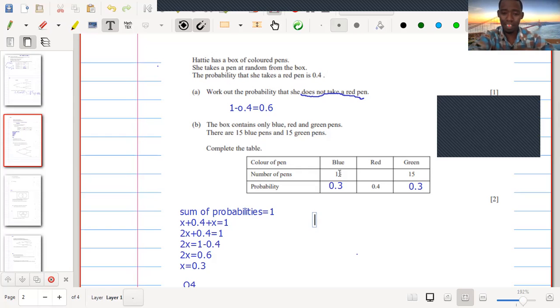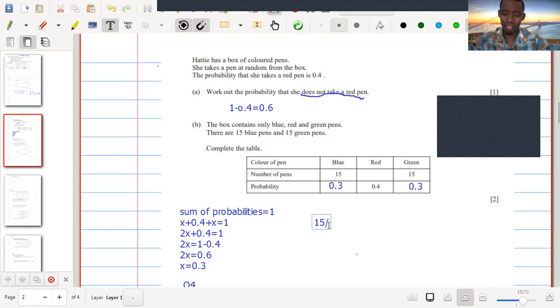So, for example, let's say I would like to find the probability of here. I would take 15 over the total of blue, red, and green.